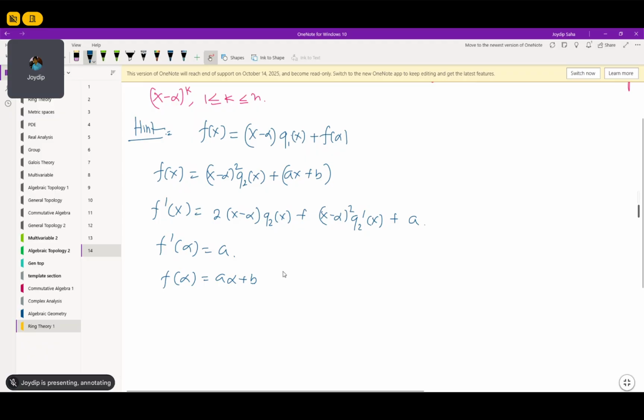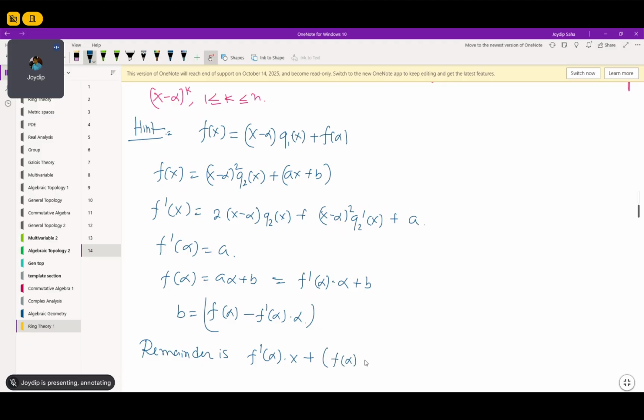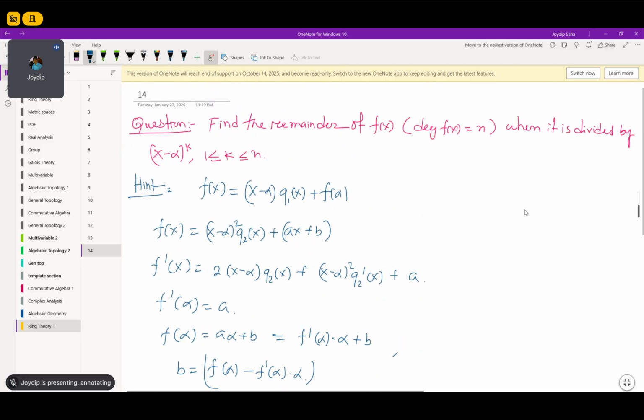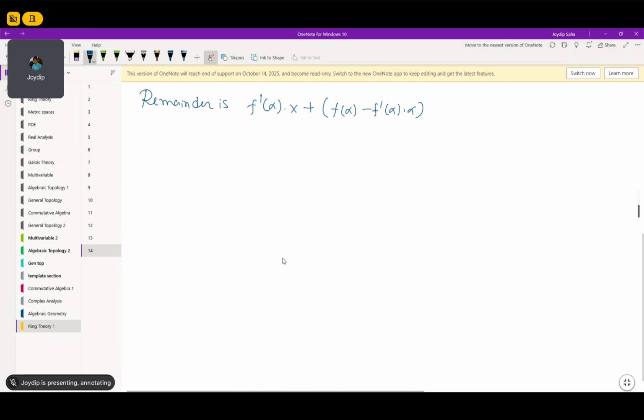So what is b? f(alpha) = f'(alpha) alpha + b, so b is f(alpha) - f'(alpha) alpha. So the remainder is ax + b, where a is f'(alpha) and b is f(alpha) - f'(alpha) alpha.